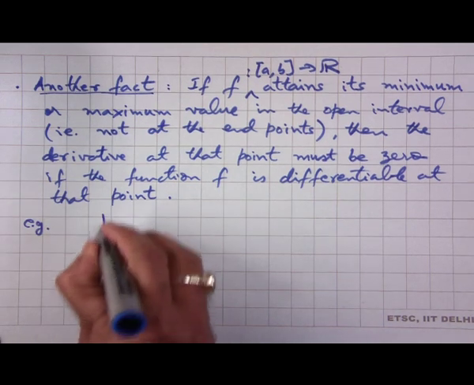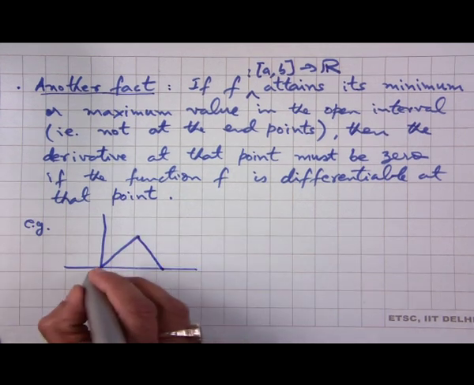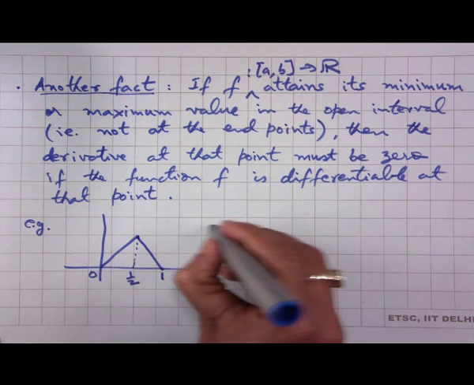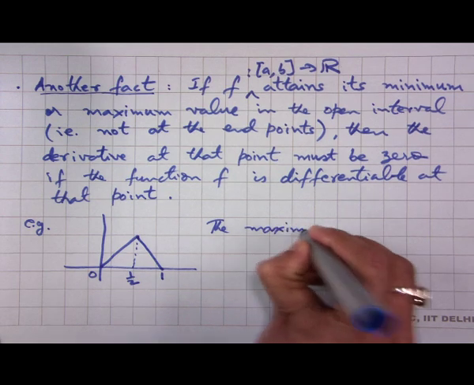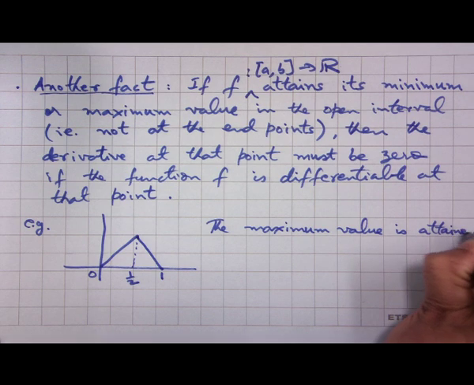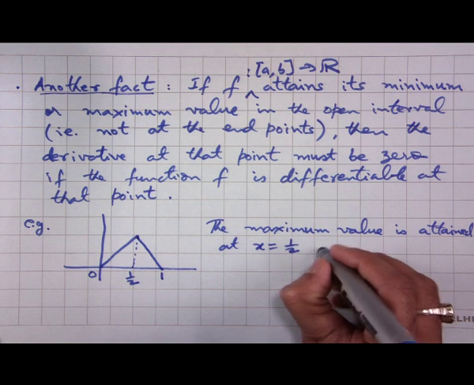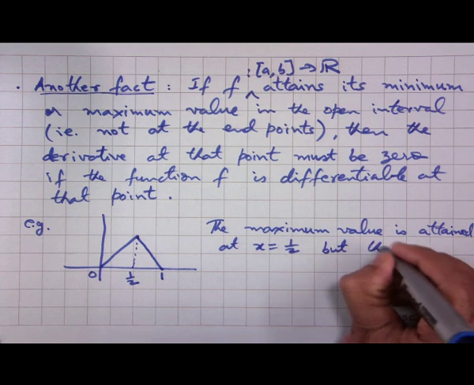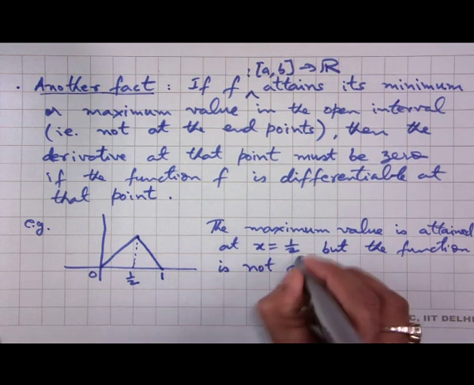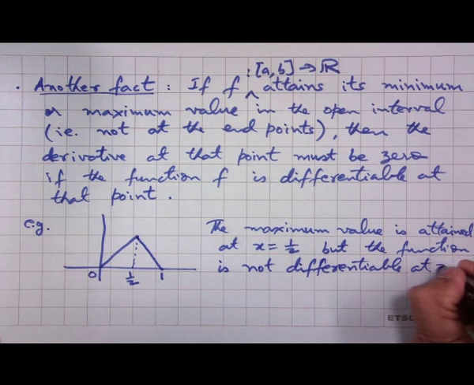So, for example, here if I see this function from 0 to 1 and this is half, the maximum value is attained at x equal to half, but the function is not differentiable at x equal to half.